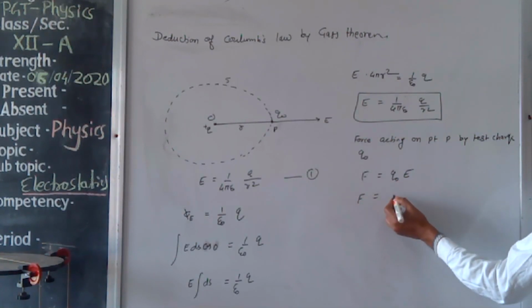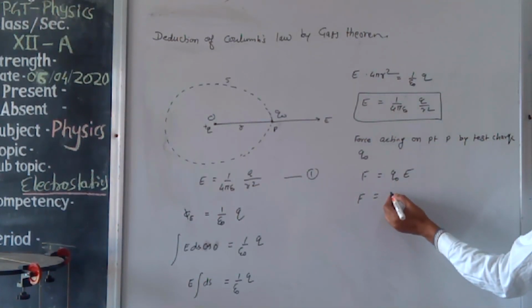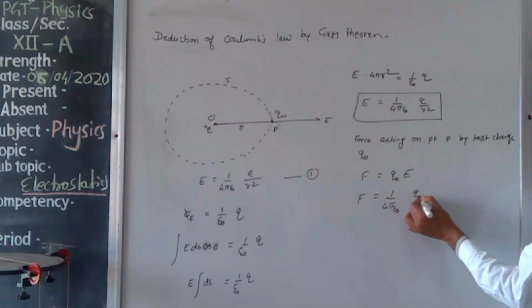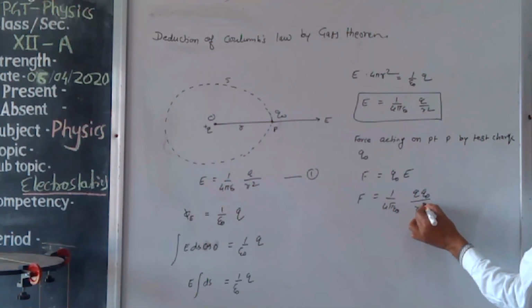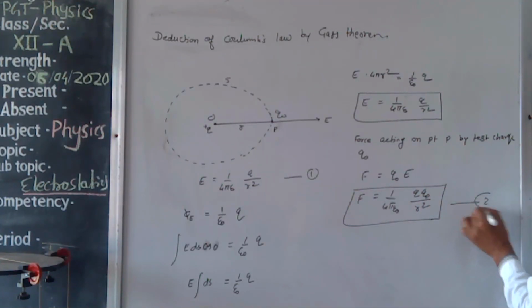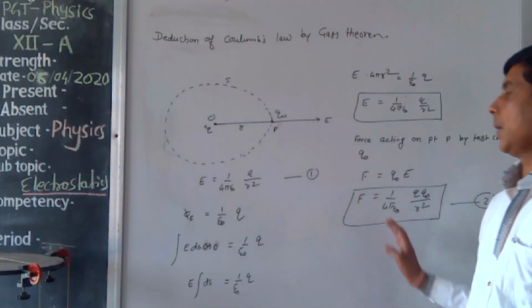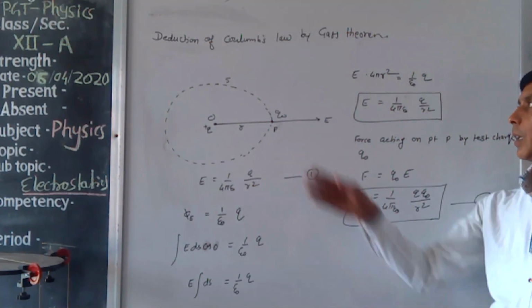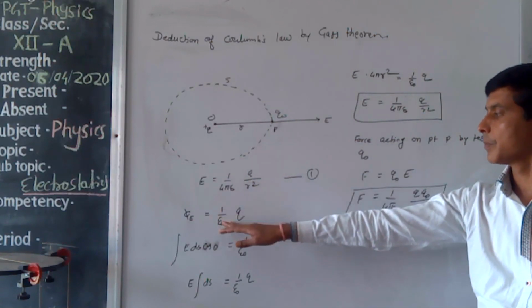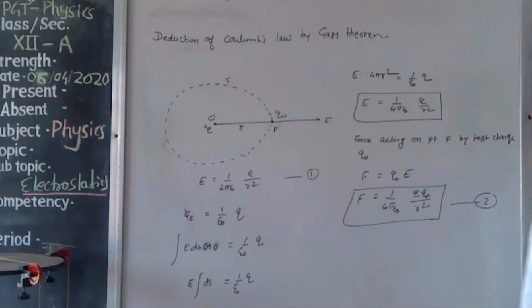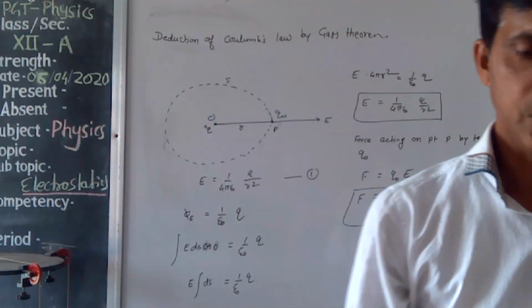Then by putting the value of E, F will be 1 upon 4 pi epsilon naught Q Q naught by r square. And we know that this is Coulomb's law. Then, dear student, we start from Gauss law and finally we find Coulomb's law. Okay.